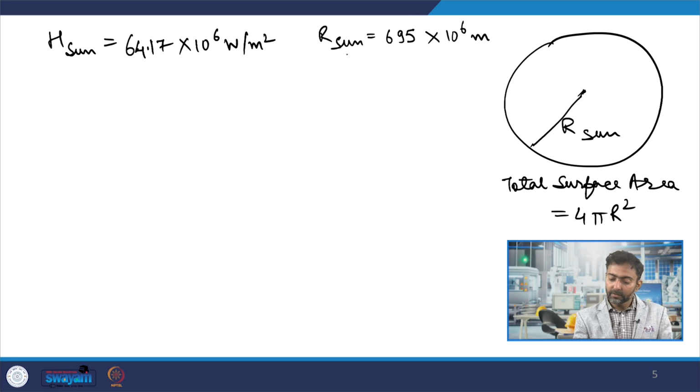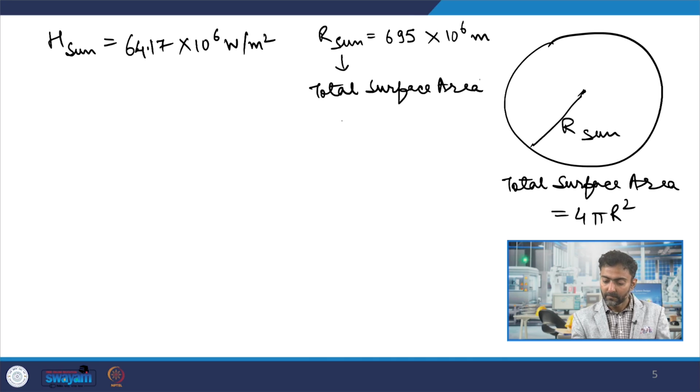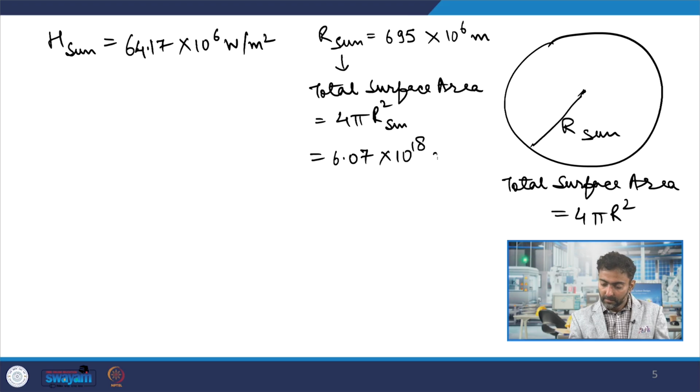So using this value of radius of the sun, if we estimate the total surface area of the sun, that will be equal to 4 pi into square of radius of the sun, and that number comes out to be around 6.07 into 10 to power 18 square meter.